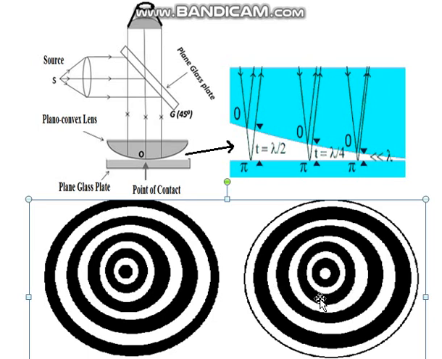The difference between these two patterns is that in the reflected case the center is dark, while in the transmitted light the center is bright. In this figure you can see the partial reflection and partial transmission of the light rays, thus giving different path differences at different points. That's why we obtain the bright and dark rings alternately.